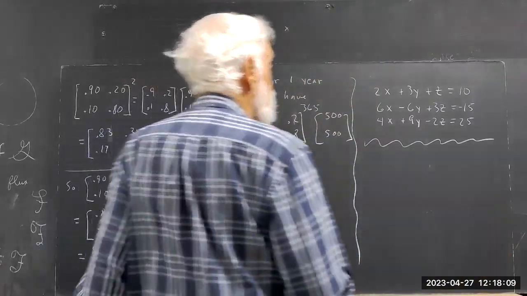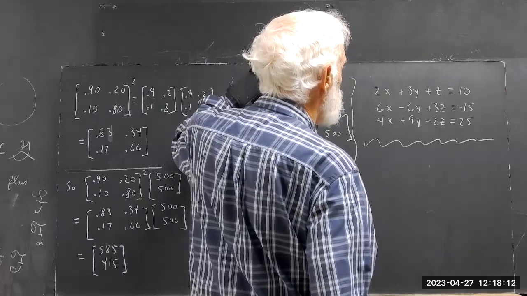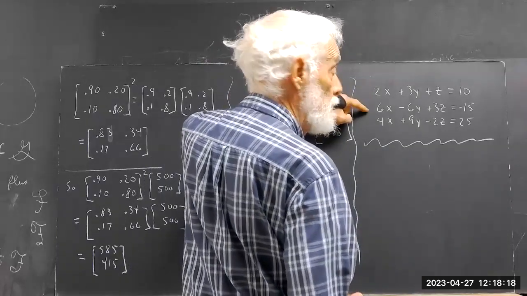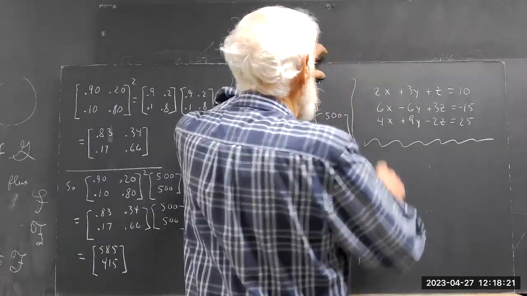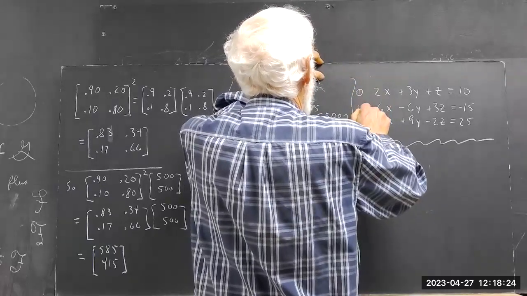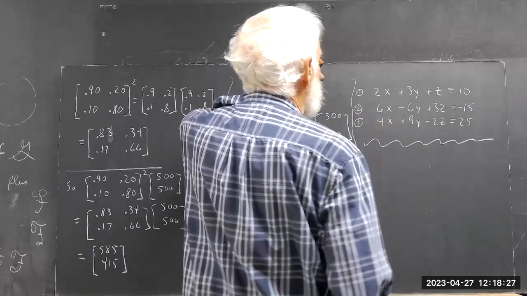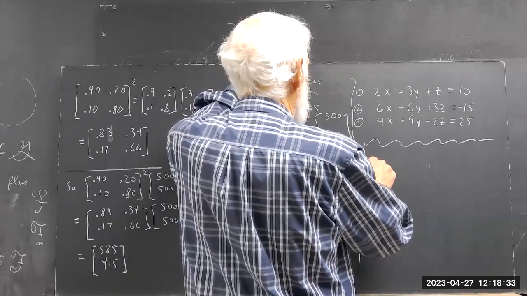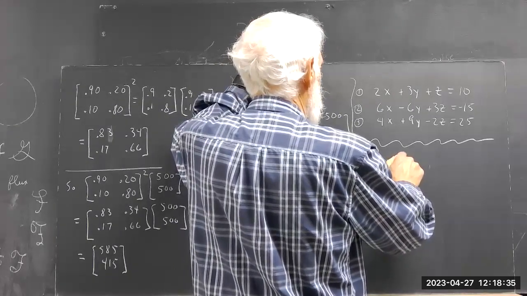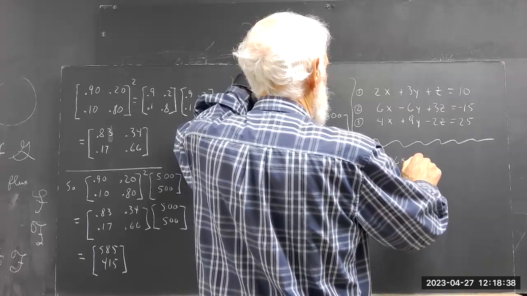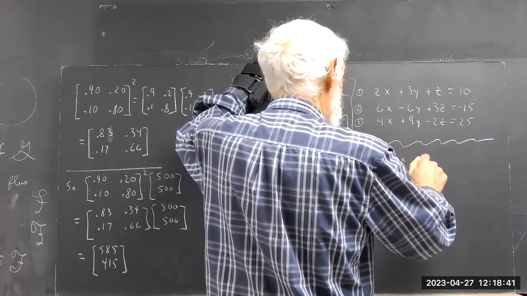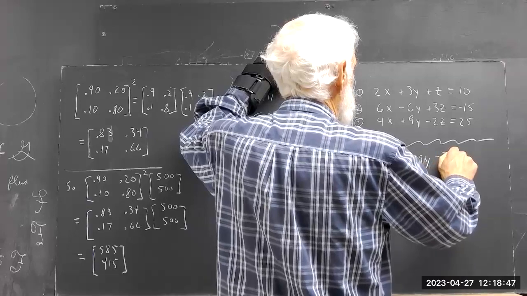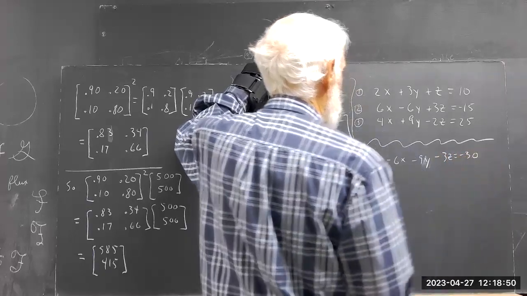Here's the problem. I'm going to choose to eliminate z from the first two equations. I'm using this notation: equation 1, 2, 3. I'm going to multiply equation 1 by -3. That'll give me -6x minus 9y minus 3z equals -30.